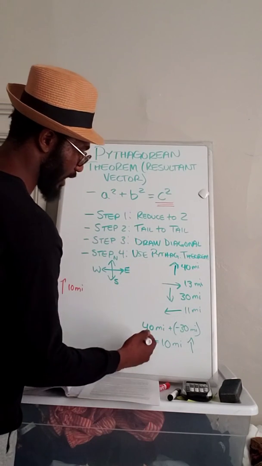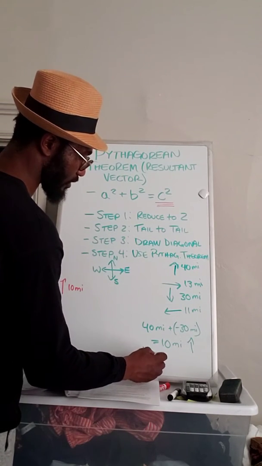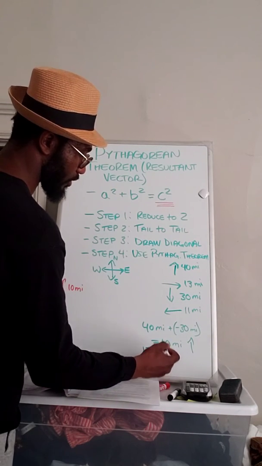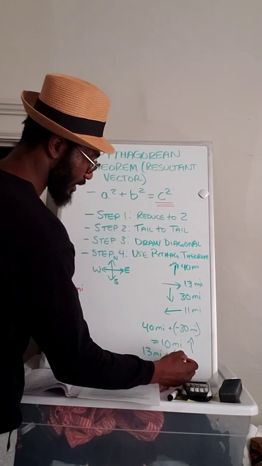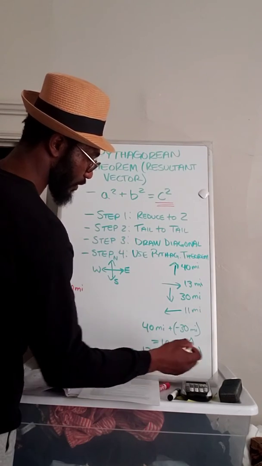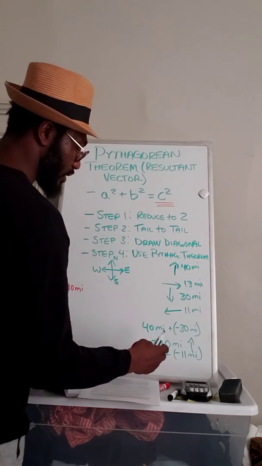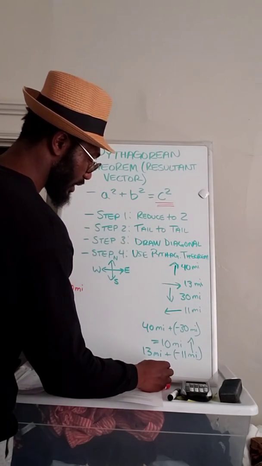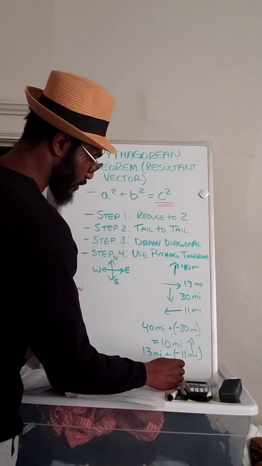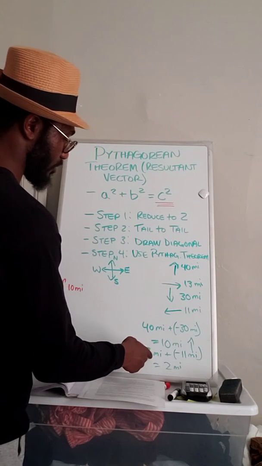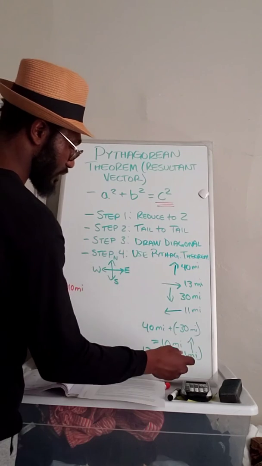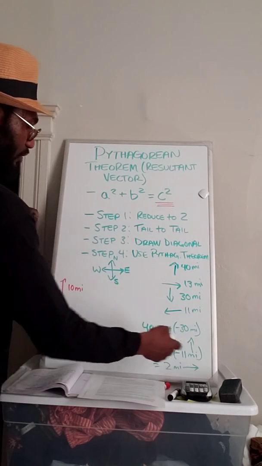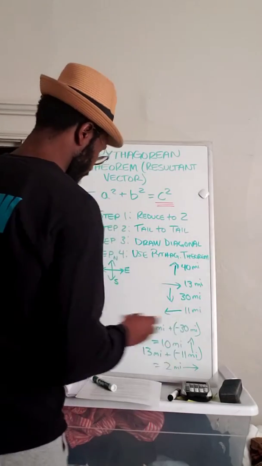So 13 miles is going east, so that's going to be positive 13 miles. 11 miles is going west, so I'm going to do 13 miles plus negative 11 miles, okay? 13 plus negative 11 is like 13 minus 11, so it's going to give me positive 2 miles, okay? And because 13 miles is east, positive numbers are going east, so 2 miles is going east, all right?